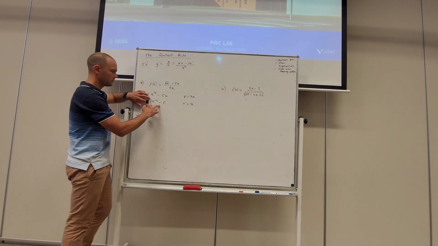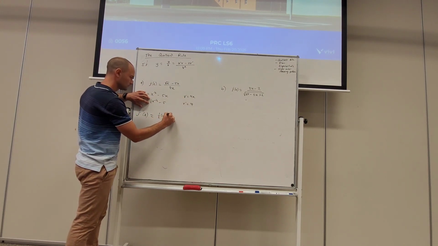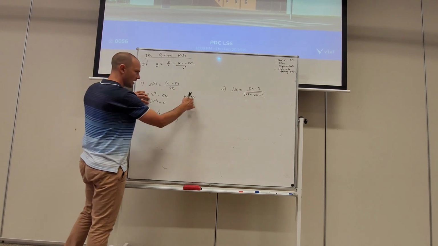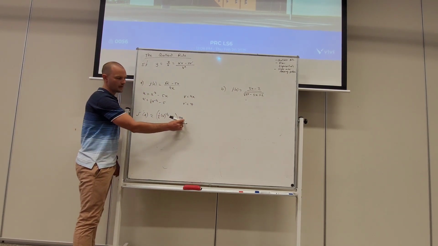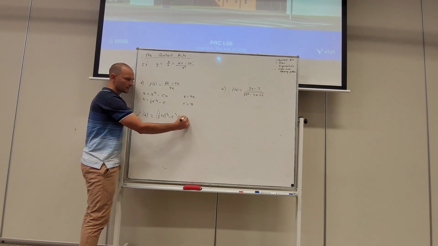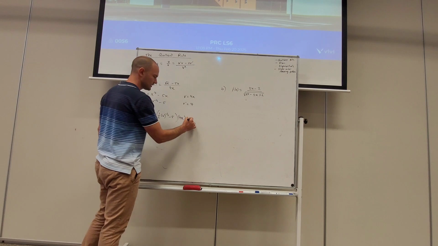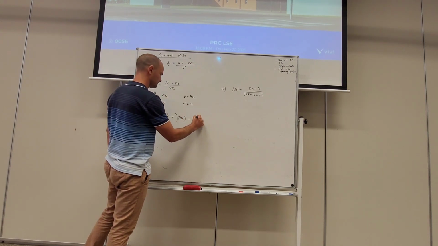F dash of x equals u dash times v. That's in brackets, u dash, and then v. I'm putting it in brackets because it's all of u dash that multiplies all of v. The safe thing to do is just put everything in brackets. U dash times v, take away, and then we have u times v dash.